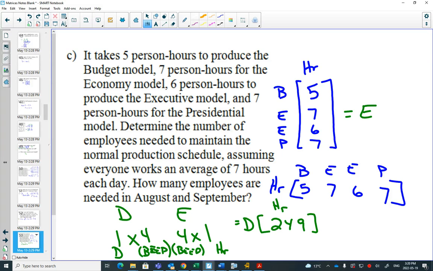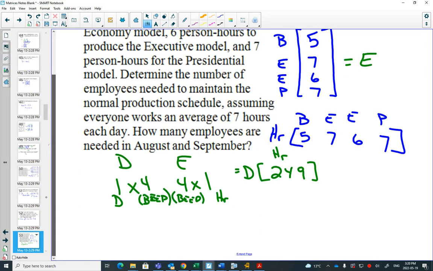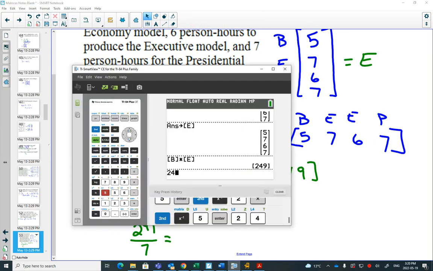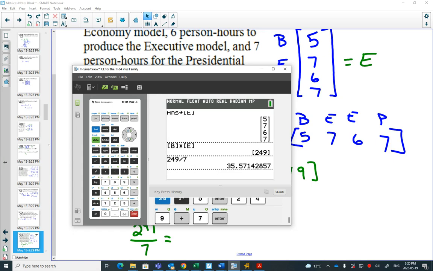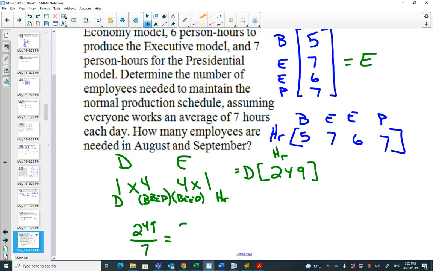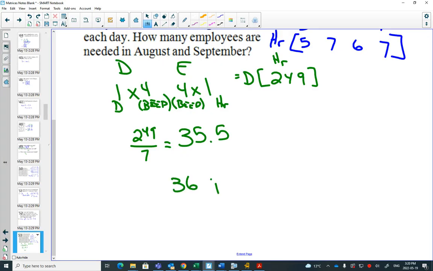How would you figure out how many employees you need? Right, 249 hours divided by 7. 35.5, so 36 people. Did I do the wrong one?